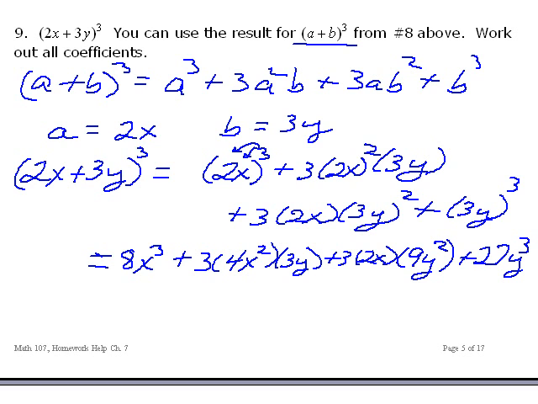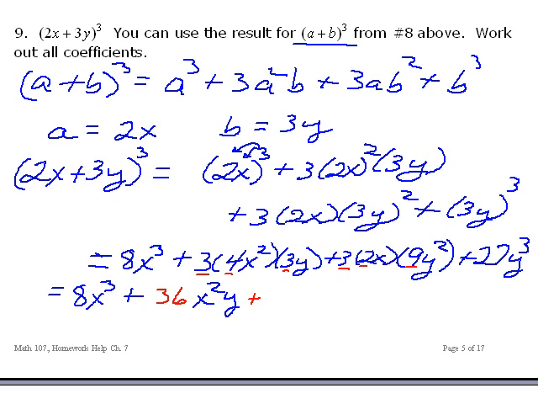Now remember that there's multiplication here except for the plus signs between the terms. First term, 8x cubed. Now in this case, I multiply 3 times 4 times 3. It gives me a whole 36, x squared y. Now I have to multiply 3 times 2 times 9.